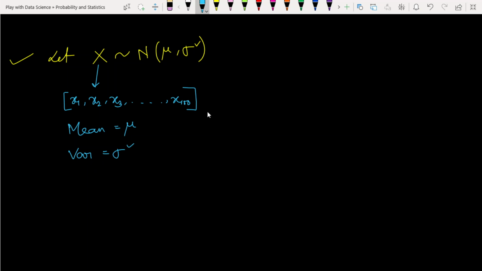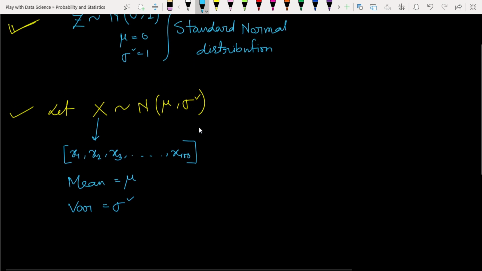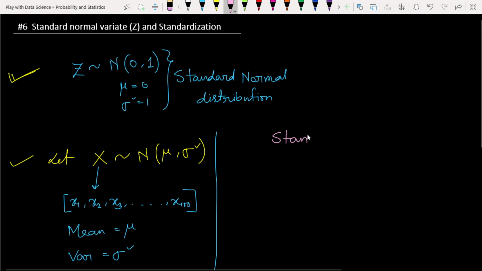Now the question is, how will we convert it? To apply the standardization technique.